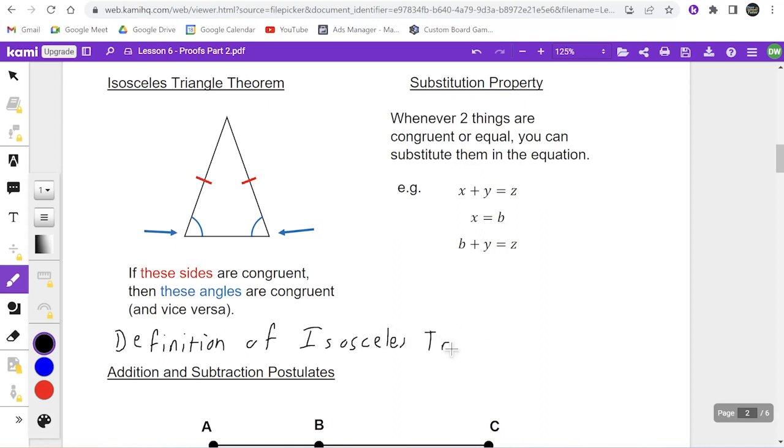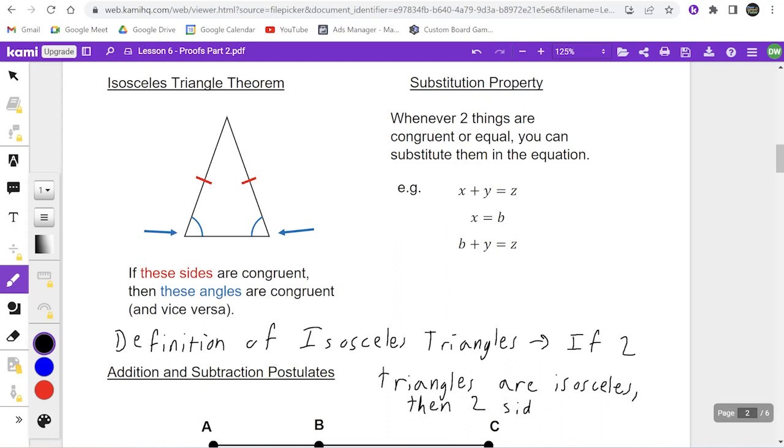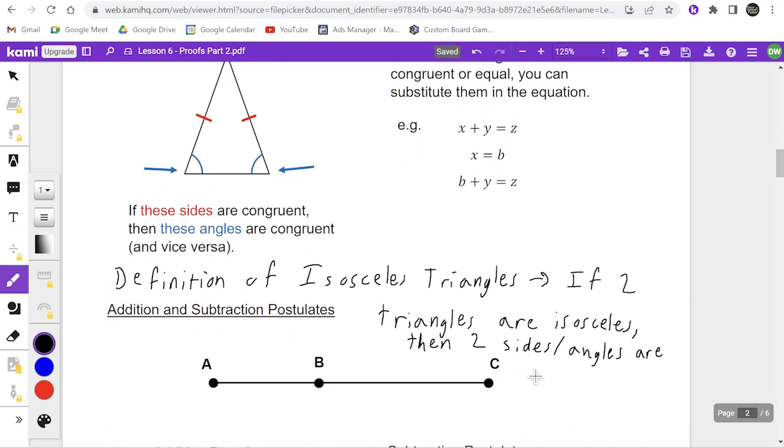What that basically means is that if a triangle is isosceles, then two sides and angles are congruent. I'll give you a second to write that down. I know it's a lot. And by the way, it's very similar to the isosceles triangle theorem, and you'll see the difference in a problem later on today.